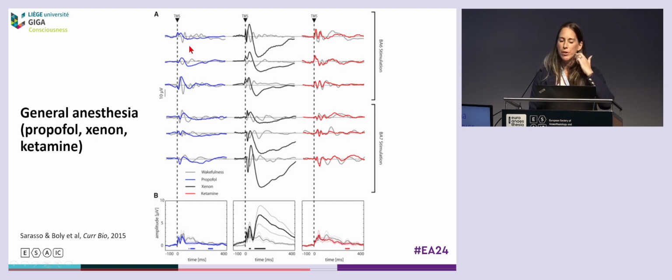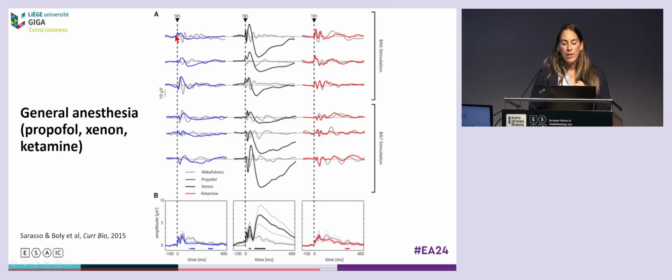What we observe here on the left is the propofol stimulation. The first three are when we stimulate the frontal area. The last three are when we stimulate the parietal area. In gray, you have the electrical responses to the TMS when you are awake and conscious, and in blue when you are under propofol anesthesia.